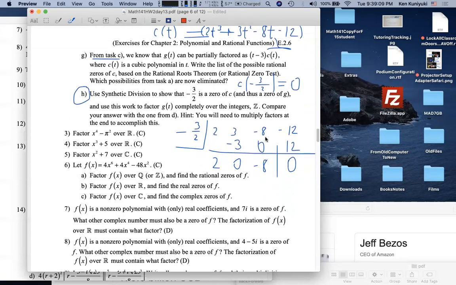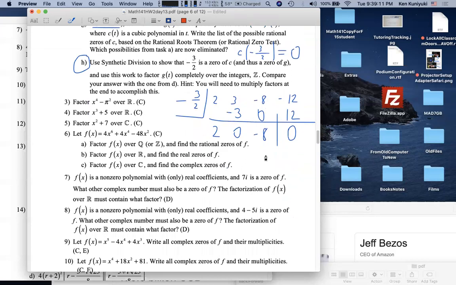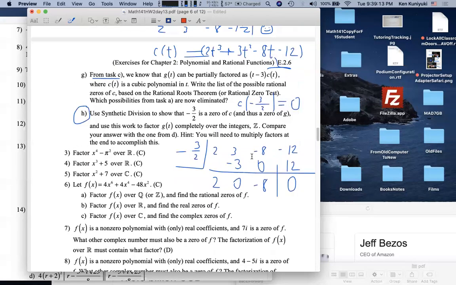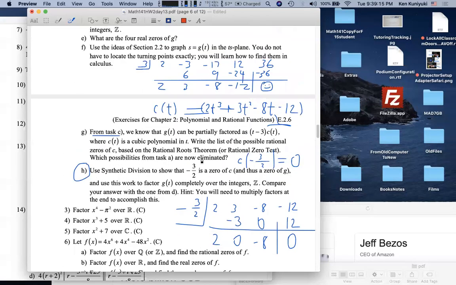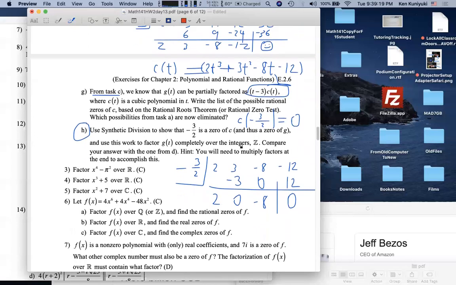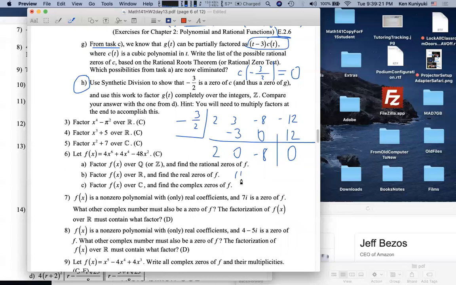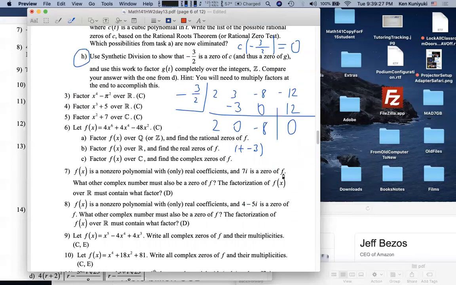All right. So now what do we have to factor completely over the integers? So remember we had the t minus 3 over here, times the C of t guy.